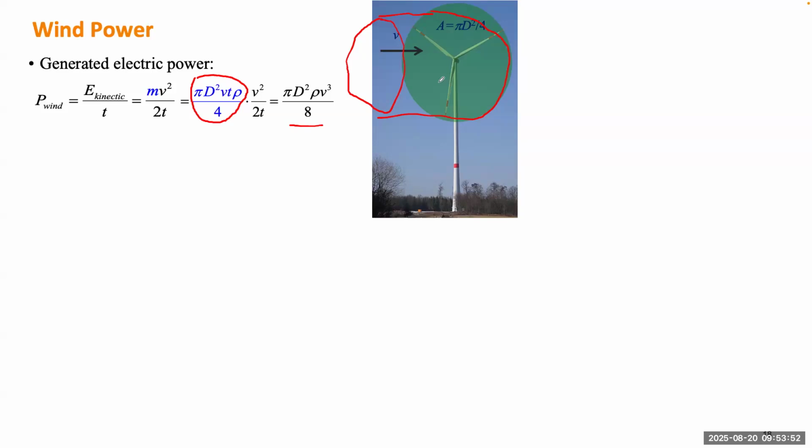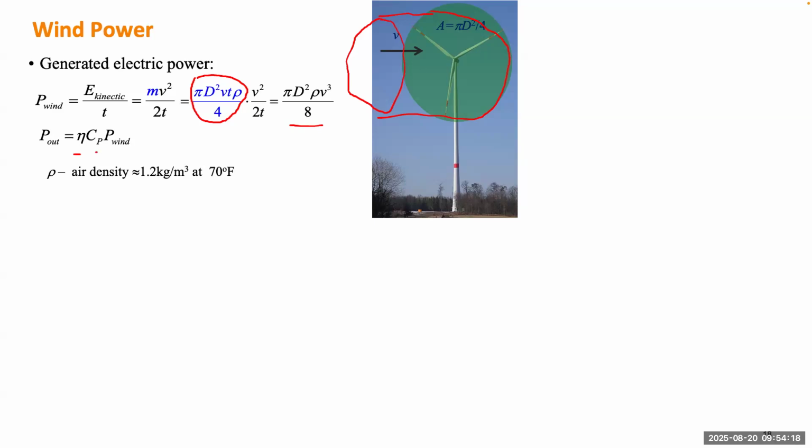If we know the wind speed, the density, and the dimensions of the wind turbine, we know how much power is carried by the wind as it blows through this wind turbine. But we cannot fully utilize all the power to generate electricity because we have to consider some efficiency.